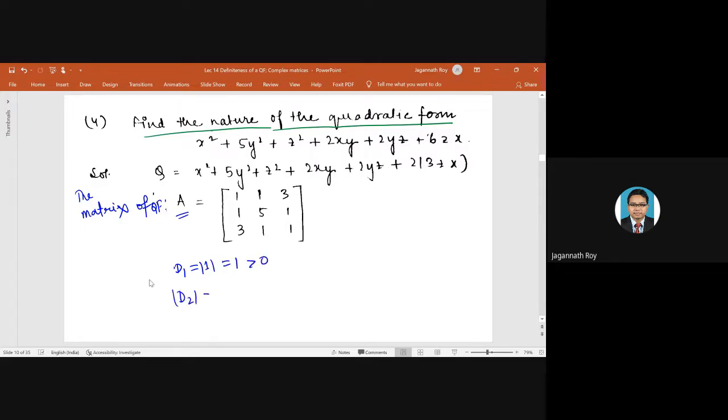Similarly, you try to find D2. So this is 5 minus 1, 4, greater than 0. Similarly, you try to find D3.